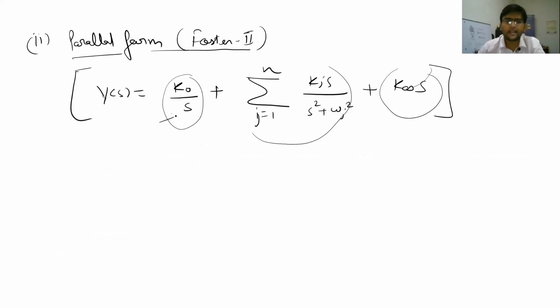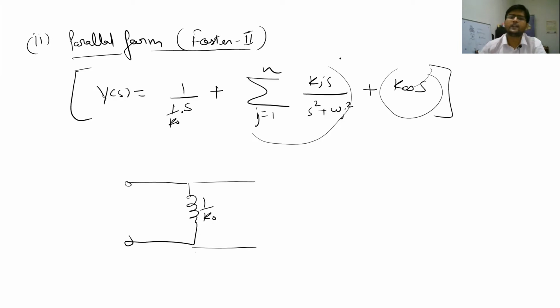Since this is an admittance function, k naught upon s, what will this represent, capacitor or inductor? Definitely inductor, because this is an admittance and its impedance function will have s in the numerator. So your first component will be an inductor, and if you bring this k naught into the denominator, you will get 1 upon k naught into s. So this inductor value will be 1 upon k naught henry.